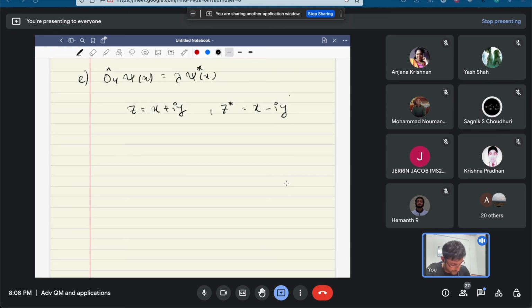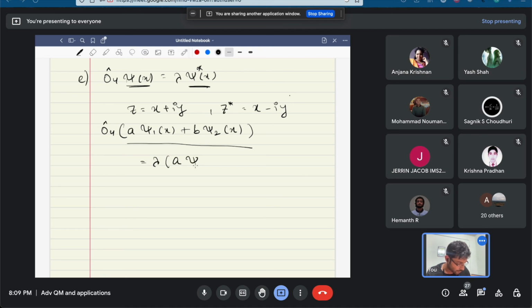So for this case, let's do the same procedure again. A psi 1 of x plus b psi 2 of x. Now this operator, I'll just repeat, will act on the whole thing. So we have psi of x here getting a psi x conjugate. So this whole thing will get a conjugate with a lambda sign. So what we have here is a psi 1 of x plus b psi 2 of x conjugate.